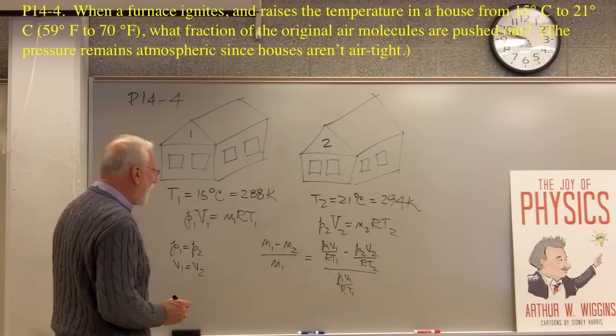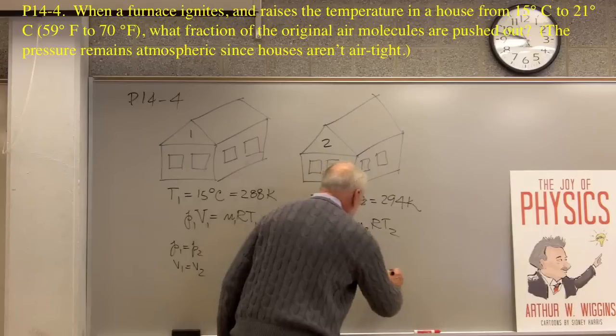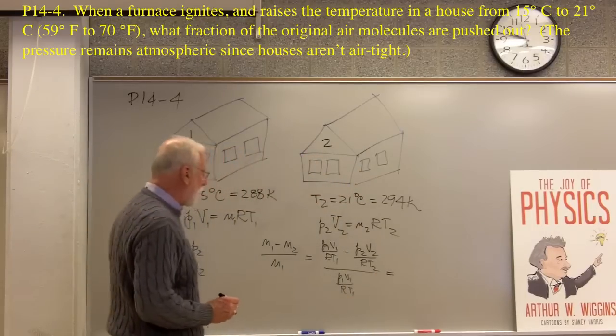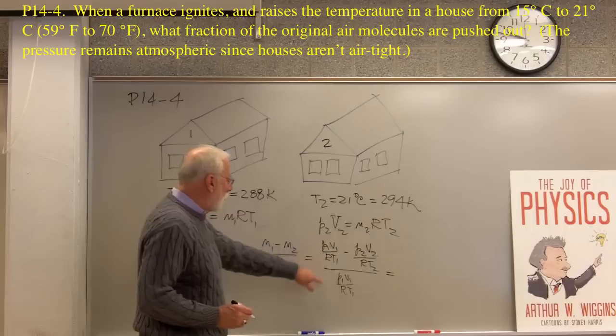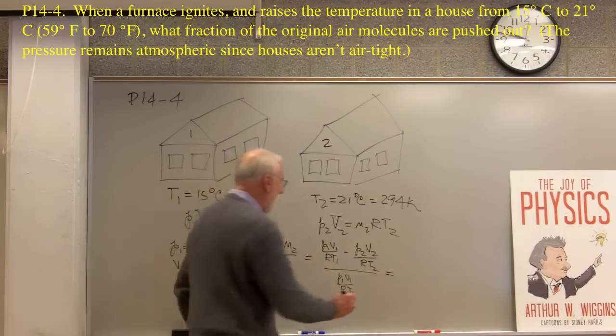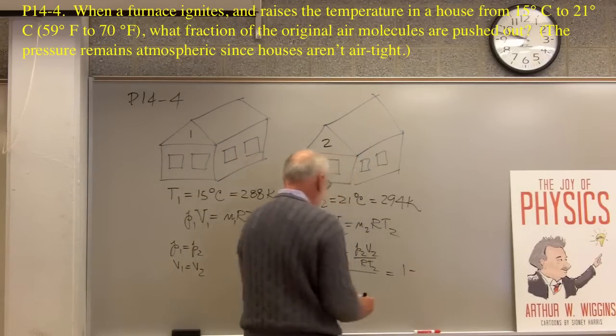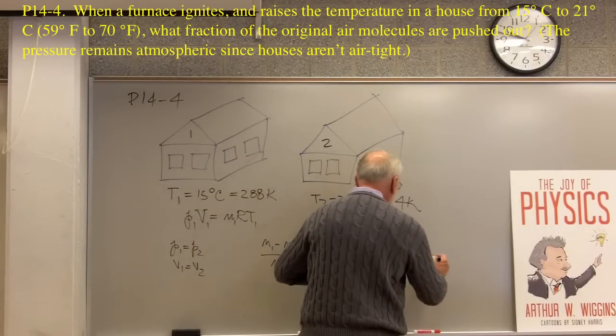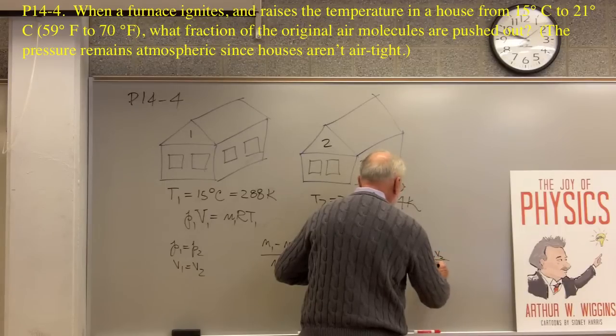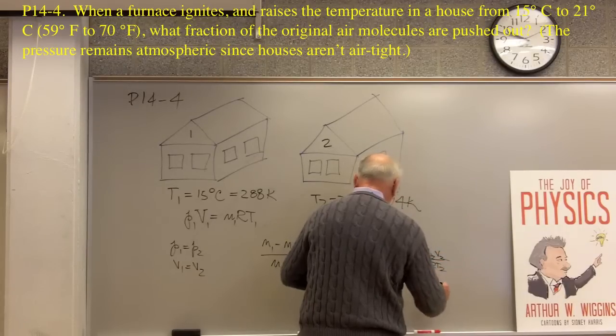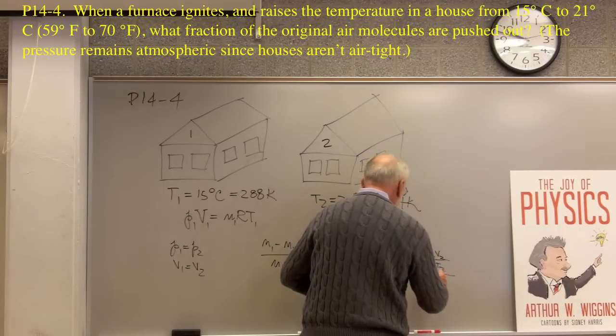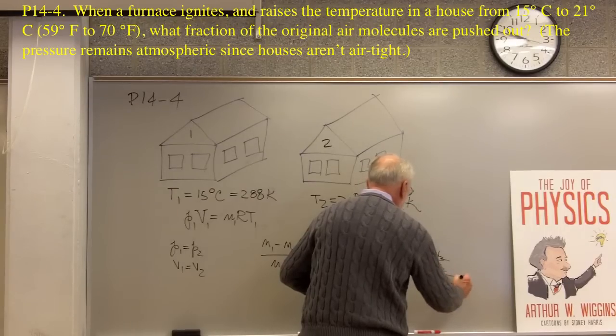Well, isn't this nice? Let's start out by simplifying this and then watch what happens, because it's really fun. We'll divide this P1V1 over RT1 into both of these two terms and say this is 1 minus P2V2 over RT2 divided by P1V1 over RT1.